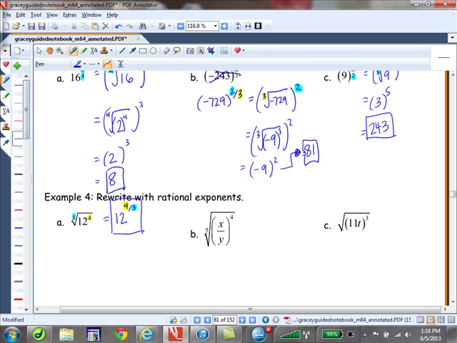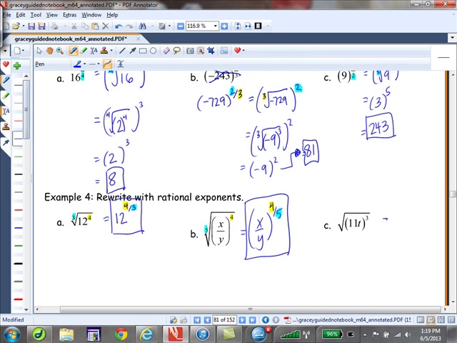All right, so next up we will have x over y to the 4/5. The power was 4 and the root was 5. And that one we're done. There's nothing more that we can do. We've done our job.